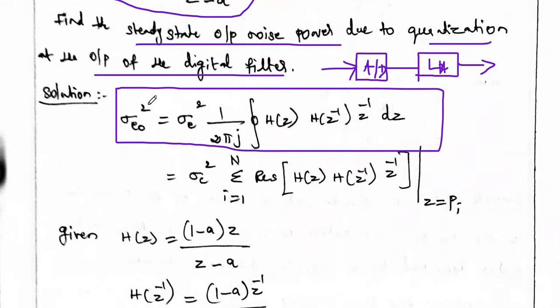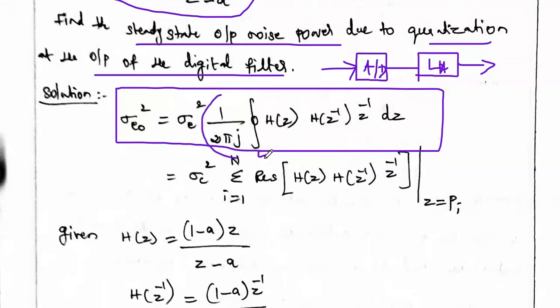So sigma e o squared is equal to sigma e squared into 1 by 2 pi j, integration over the closed contour, of H of z, H of z inverse, into dz. Here sigma e squared is the input quantization noise power, that is, the noise power available at the input to this digital filter.